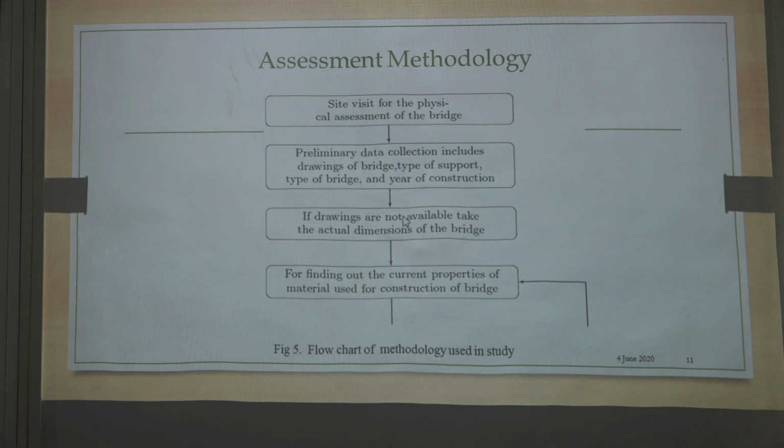If the drawings are not available, then we will take the actual measurements on site. Then we will try to find out the current properties of the material used by doing some in situ tests on site, okay? Like non-destructive testing for masonry structures or even for concrete structures.